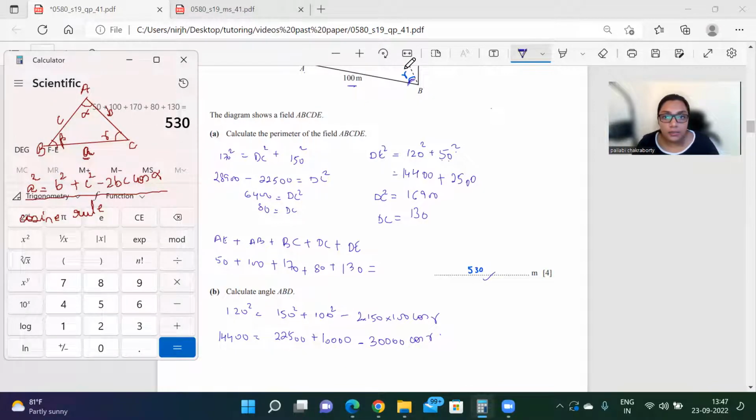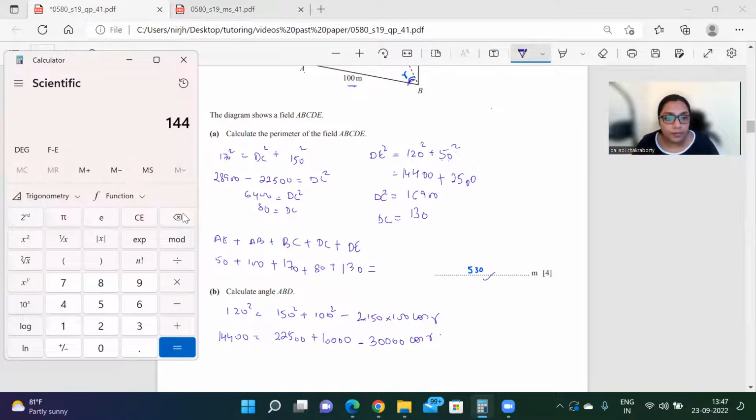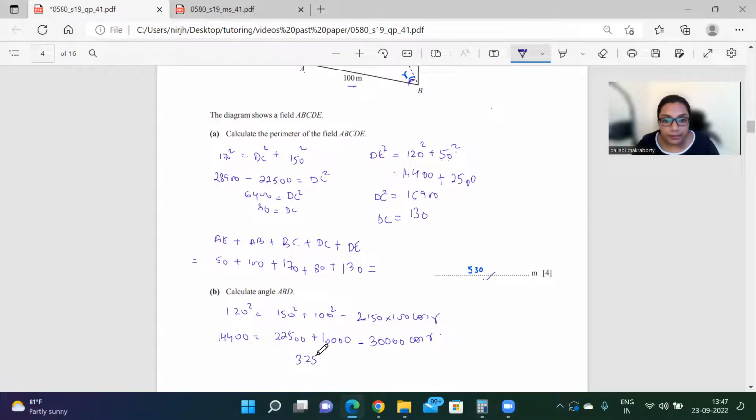First we add up 22500 plus 10,000 and you get 32500 minus 30000 cos gamma is equal to 14400. Then you subtract.